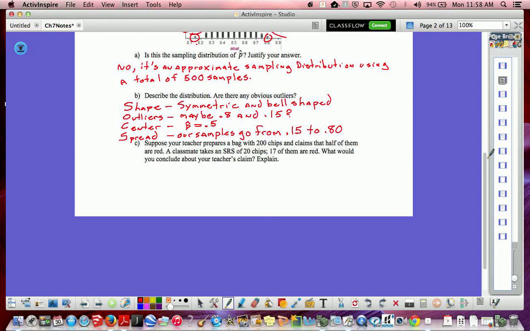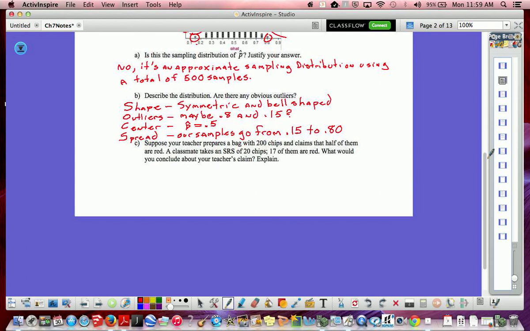I mix them up, and you have a classmate take out a simple random sample of 20 chips. 17 of those chips are red. What would you conclude about your teacher's claim? Tell the truth. The teacher's not telling the truth? You trust me? Thank you. What would you maybe suspect? That everything's all right?